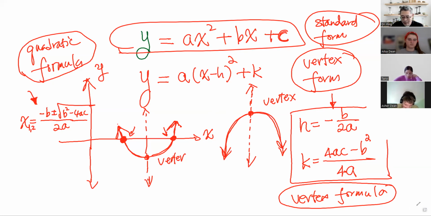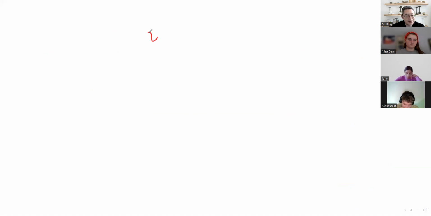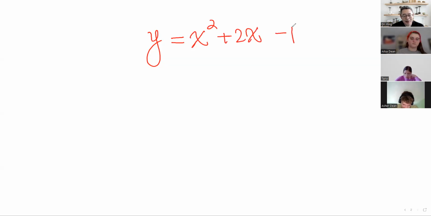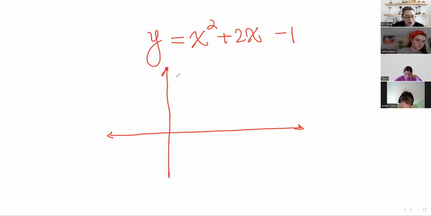So for example, if you have a function like this, y equals x squared plus 2x minus 1. Now, if we want to graph it, this is x, this is y.